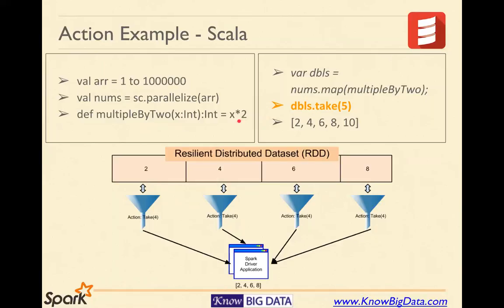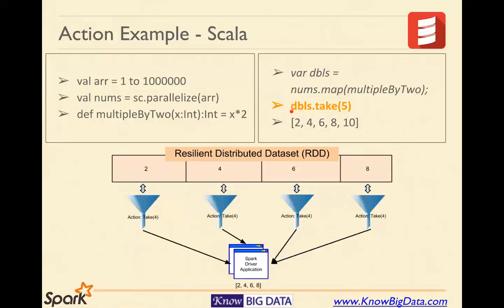Then we say nums.map, and we pass the function. This way, this function is going to be called here, here, here, here, and of course, it will be called at a later point of time when somebody calls an action.